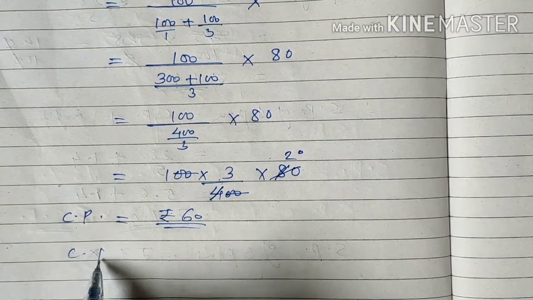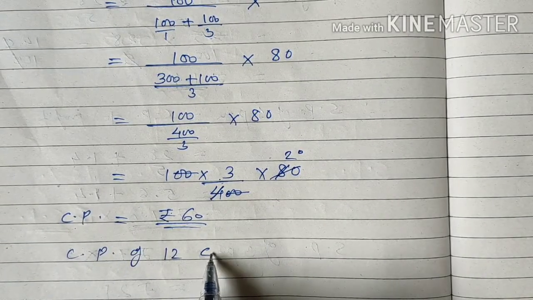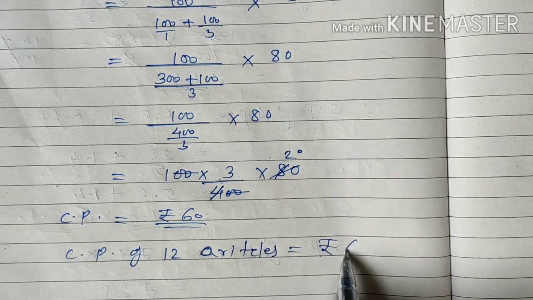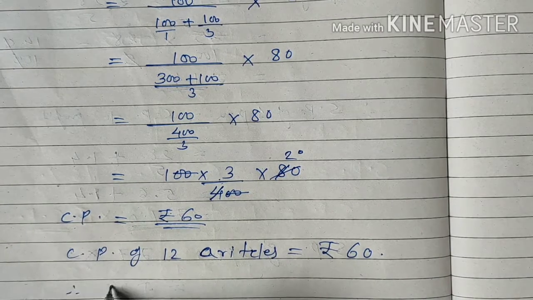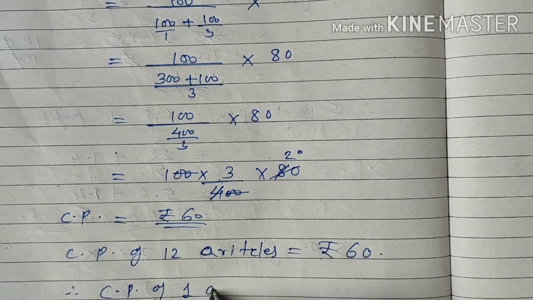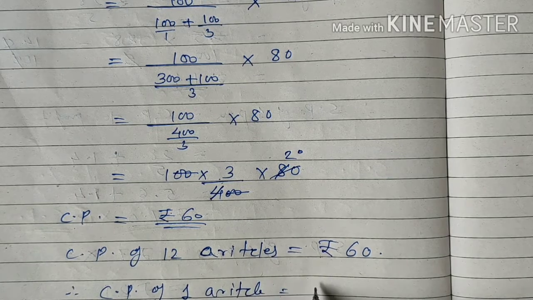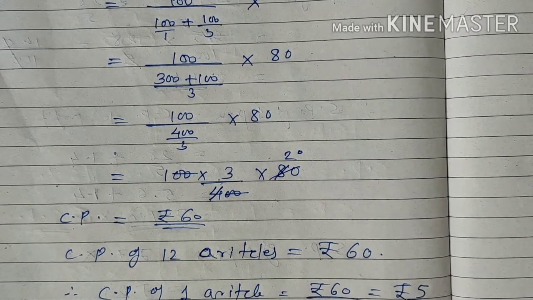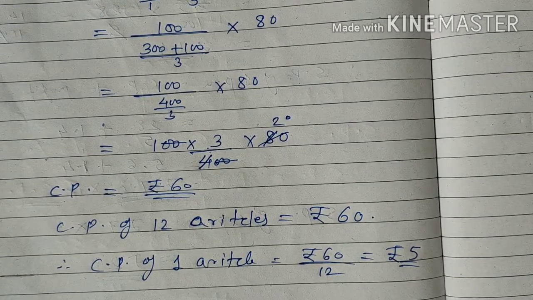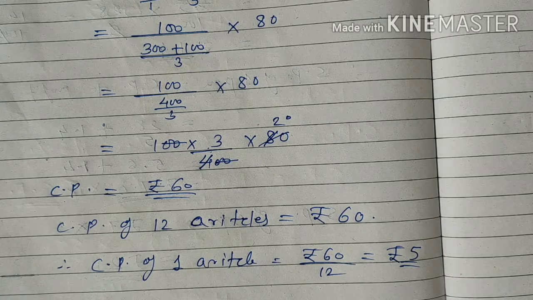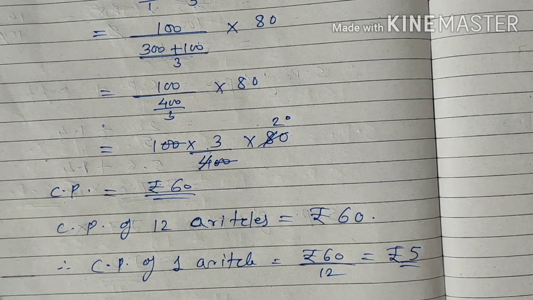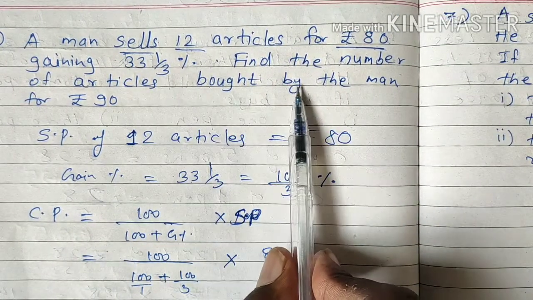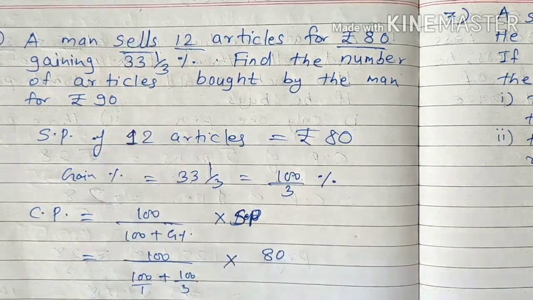So we can say that the cost price of 12 articles is rupees 60. Therefore the cost price of one article will be what? 60 upon 12, that is rupees 5 for one article. Okay. Now what is our question? Find the number of articles bought by the man for rupees 90.